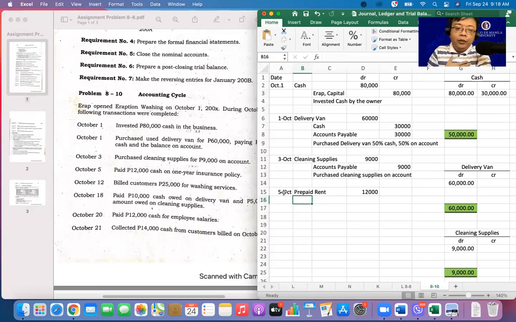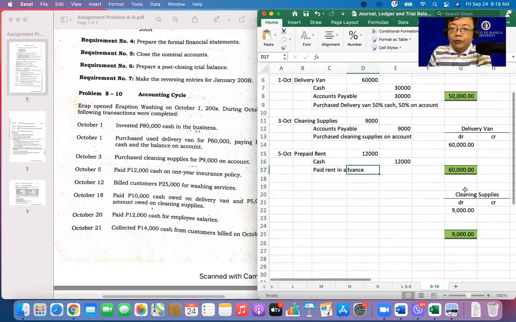For me, you can use naman the expense method, asset or expense method. Prepaid rent, of course, credit here cash worth 12,000. So meaning paid rent in advance. So prepaid rent, cash.